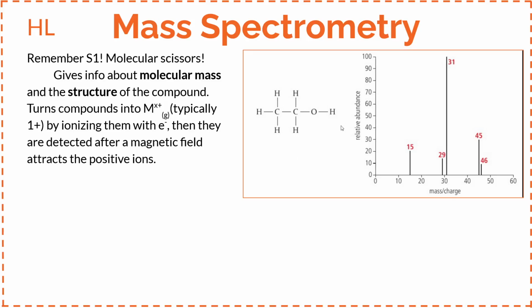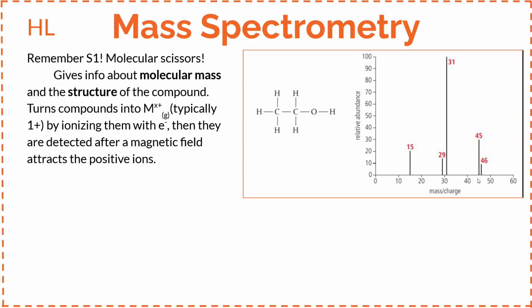If you remember, the molar mass of carbon is 12, oxygen 16, and hydrogen 1. If you add all these up, you get 46. Typically, the largest mass to charge ratio on your mass spectrum is going to be the molar mass of the entire compound.